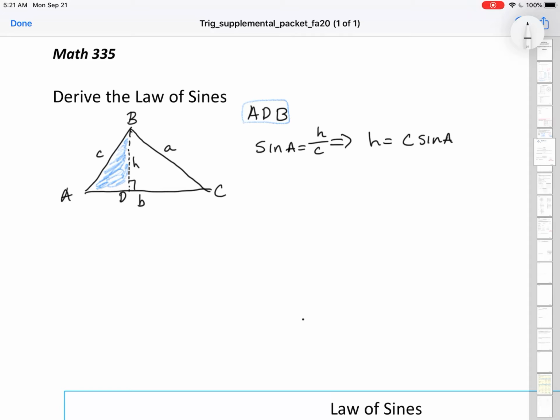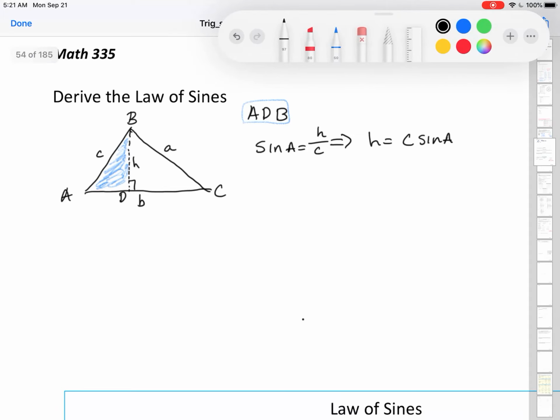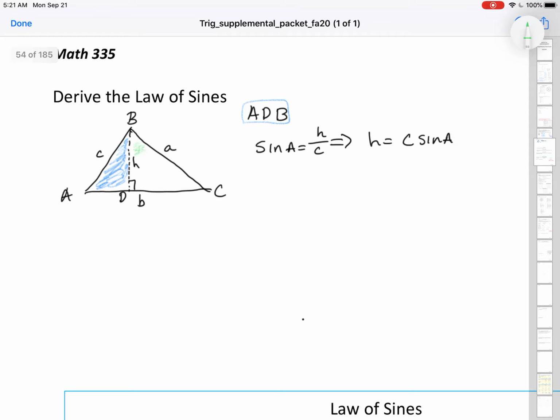Okay. And then let's look at triangle DCB. Where's triangle DCB? Well, triangle DCB is right here, this green one.